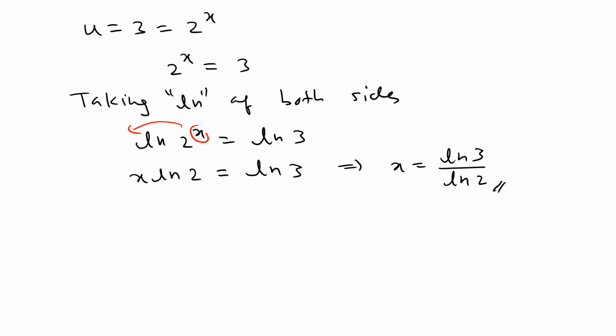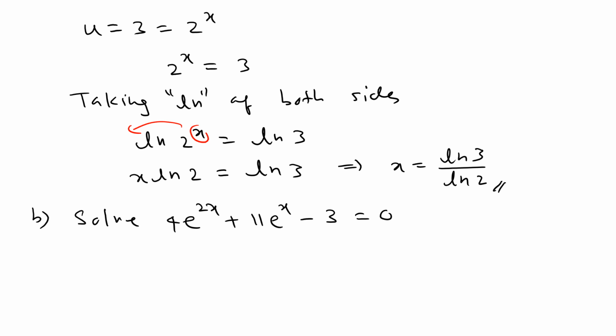So let's do one last problem, a similar problem, but with e in the solution. Let's say solve 4 times e to the 2x plus 11 e to the x minus 3 equals 0.